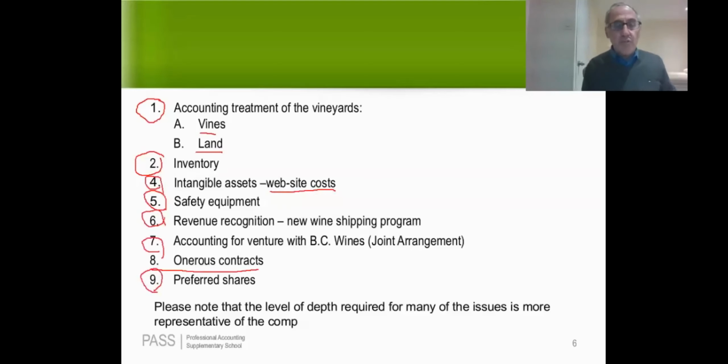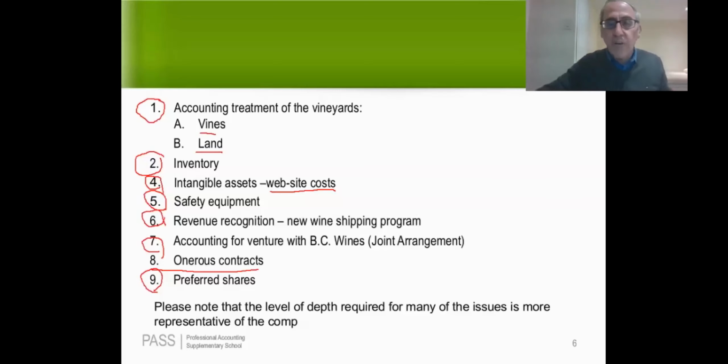Now, as I mentioned earlier, please note that the level of depth required for many of the issues is much more representative of a comp than a multi, okay? So even though this is not a comp, for at least some of the issues, I tried to give you the sort of depth you would need to deal with on a comp.